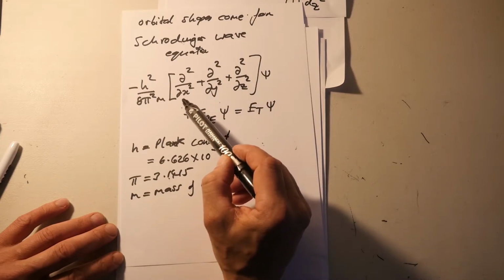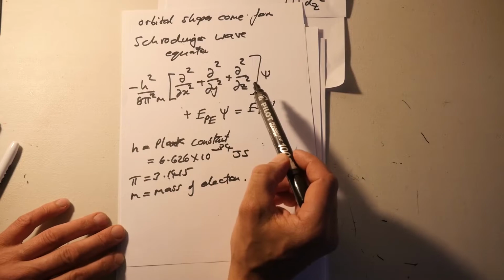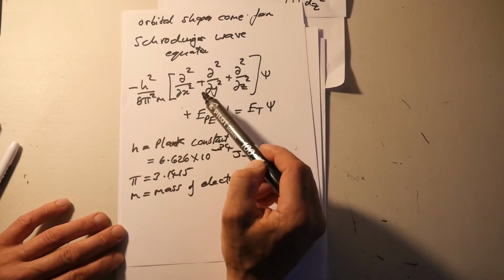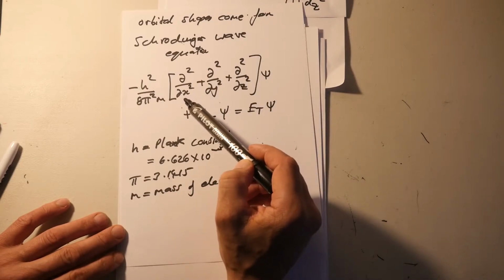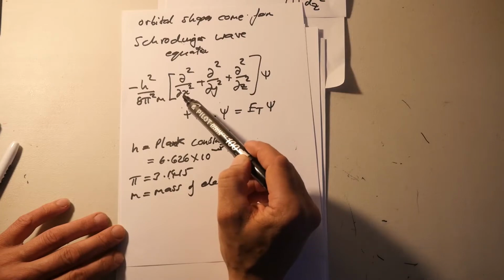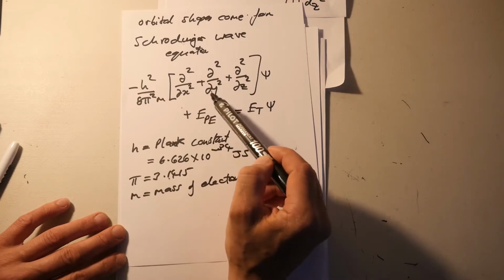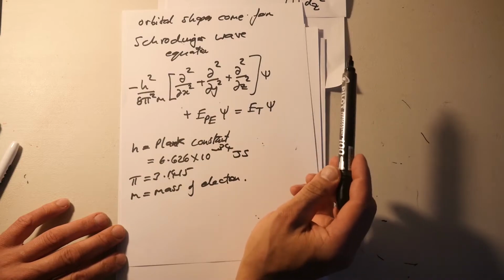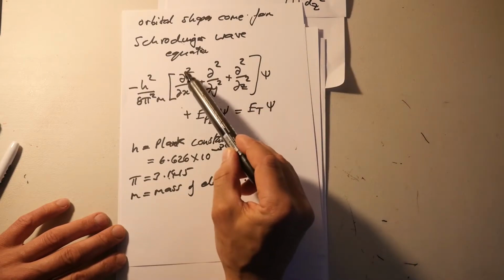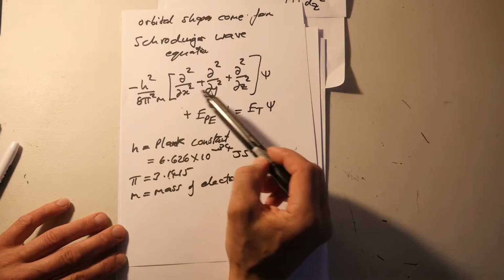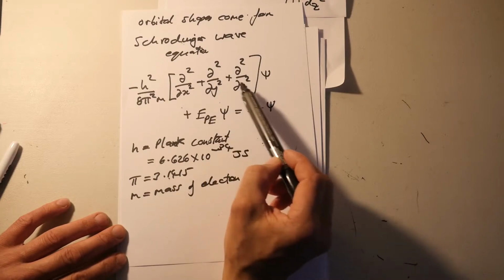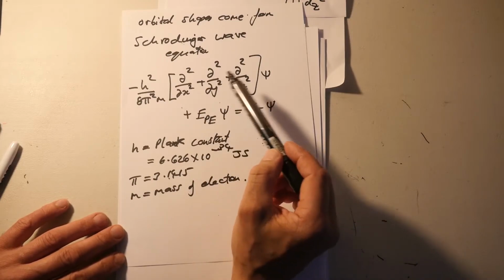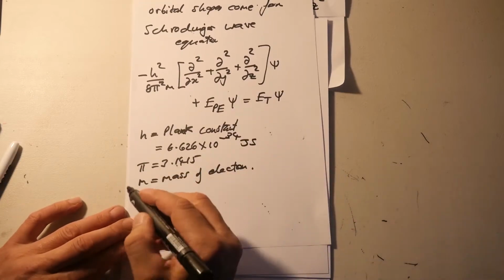A partial derivative is taking the derivative of say x only, so y and z are not affected. That's what a partial derivative is.